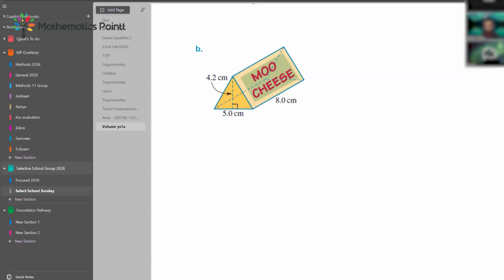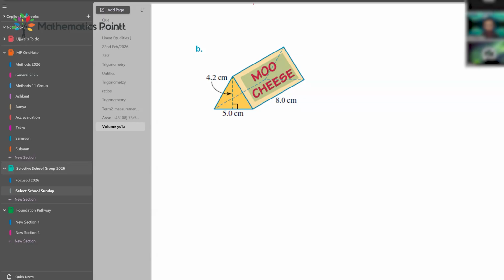Still people joining in, which is a surprise. 84 centimeter cube is the right answer.